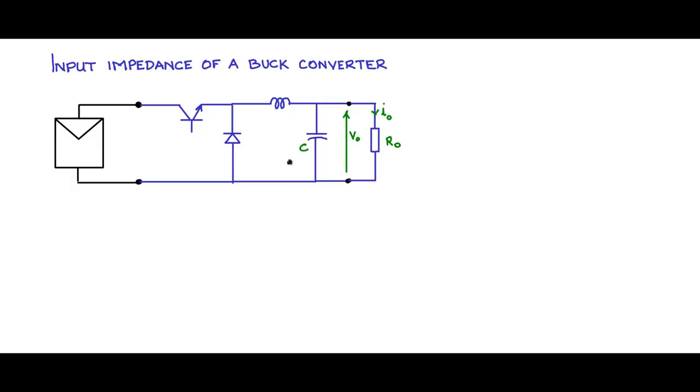This is C, L, D, Q. Q is the switch, and here you have the terminal voltage VT across the panel and the current IT flowing out of the terminals of the panel.